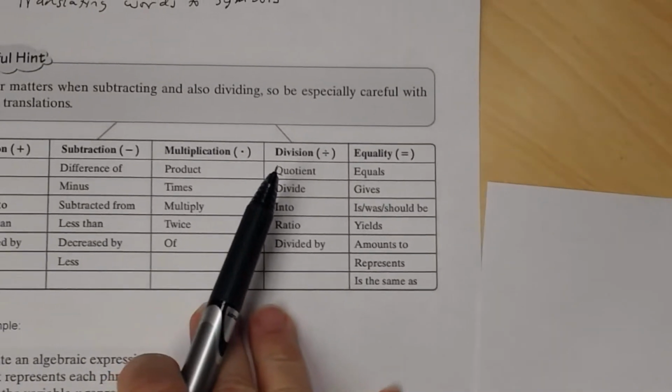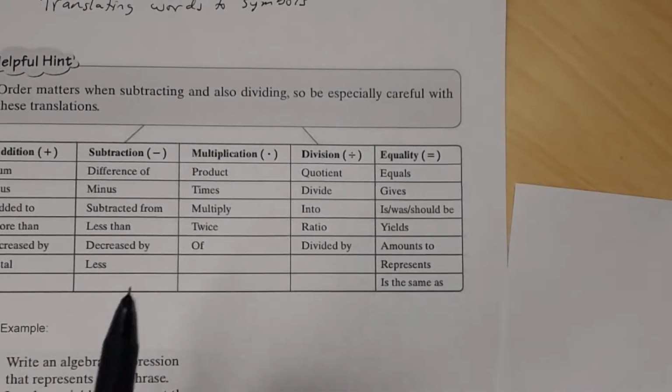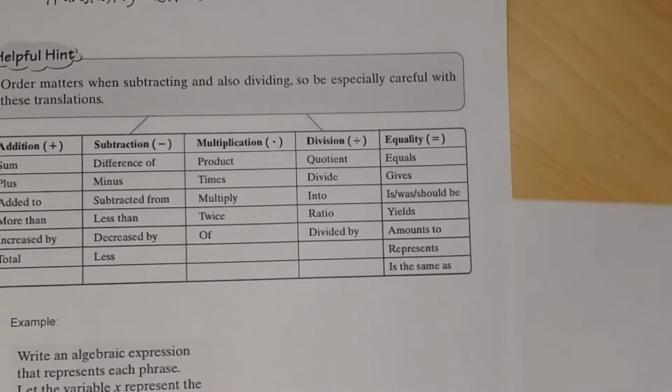Now, let me just say what this means right here. The order matters in subtracting and also dividing. So you have to be careful when you do subtraction and division. In a lesson coming up, we're going to talk about the names for these properties, but I'm not going to use the mathematical term here.